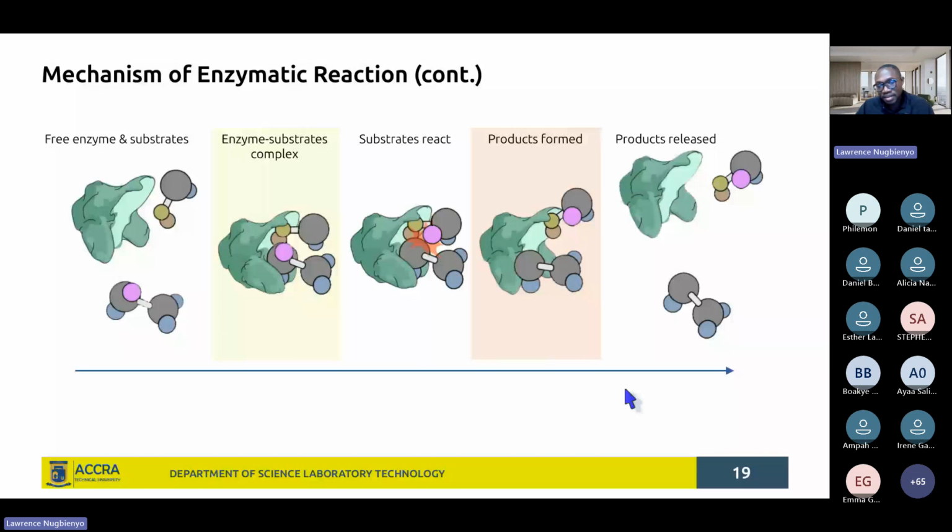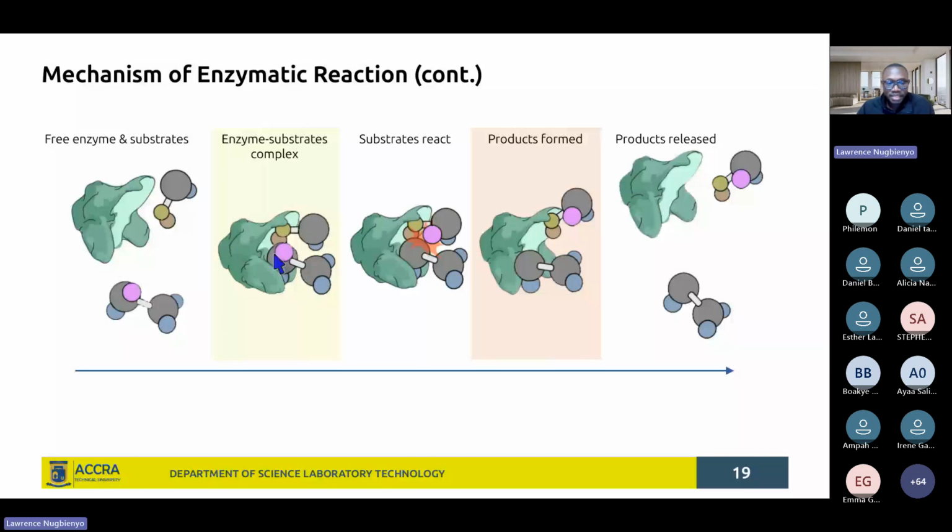Now, let's see the mechanism by which that is done. Starting from left to right, that's a free enzyme and the substrates. Then you will see the substrates are bonded in the active site of the enzyme, giving you an enzyme-substrate complex.